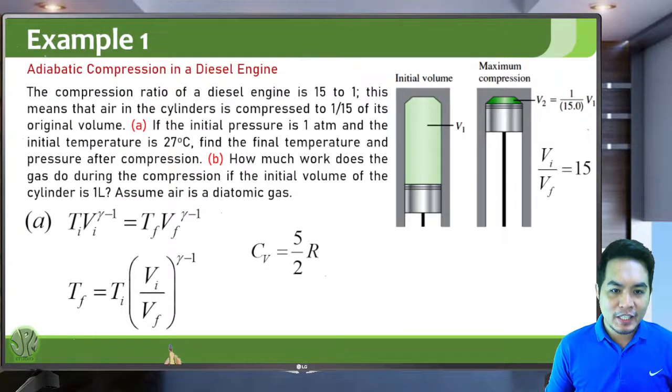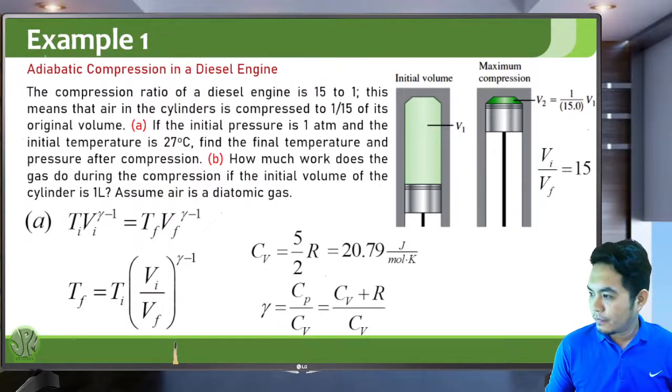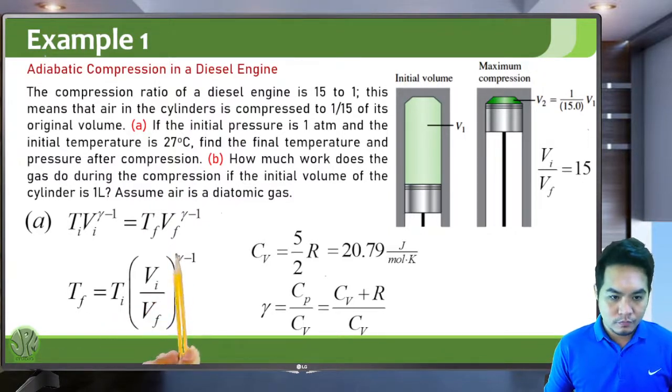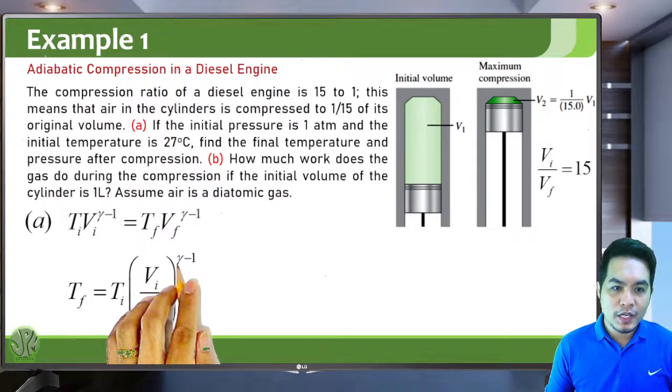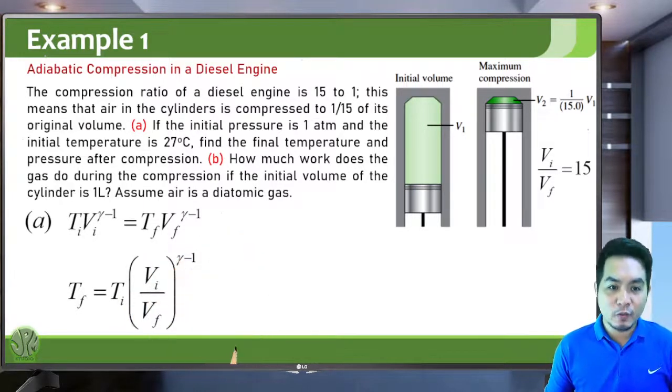So for an ideal gas, CV is a multiple of R, so we still need to solve for gamma, and we are only given that it's a diatomic gas.